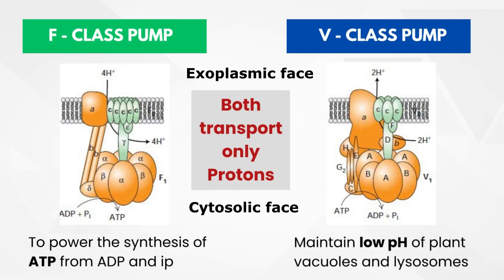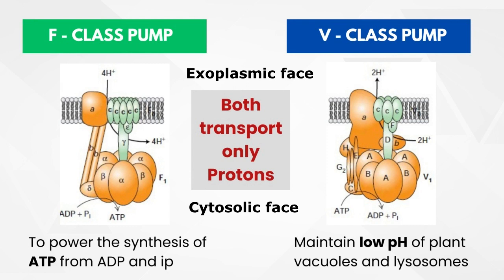The structures of F-class and V-class ion pumps are similar to one another but unrelated to P-class pumps. They are even more complicated than P-class pumps. F and V-class pumps contain several different transmembrane and cytosolic subunits and transport only protons. Generally, V-class pumps maintain the low pH of plant vacuoles and of lysosomes and other acidic vesicles in animal cells by pumping protons.